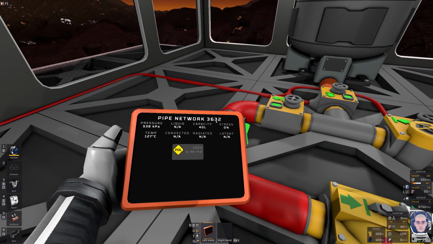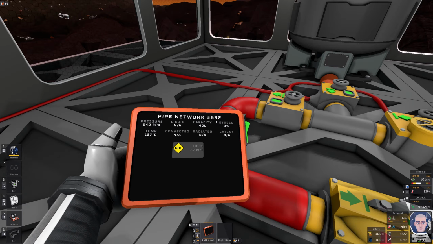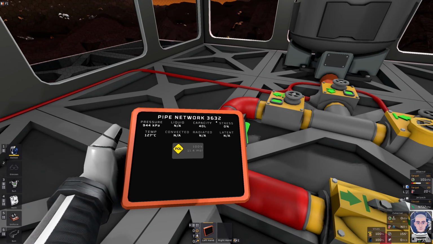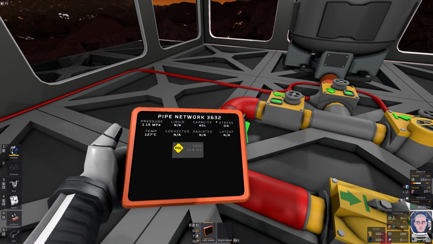Now you notice here that the hot side is still at 127. It hasn't increased. Now this is not how real physics work. In this case, it only heats up during a transition of gas to liquids, where the heat is moved from the liquid to the gas.